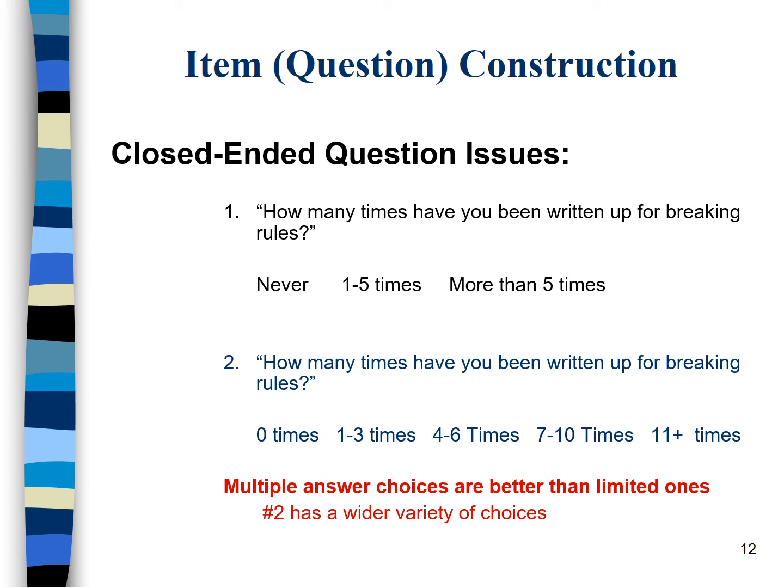Oftentimes, if you start getting much beyond 7 or especially past 10 answer choices, it just gets too much. And then you fear the possibility that they may start looking at it and go, well, I'm kind of this and kind of that, and you don't want them selecting 2 choices, right? Sometimes it is appropriate. You probably have looked at surveys in your life where it asks you a question and then it says check all that apply, right?